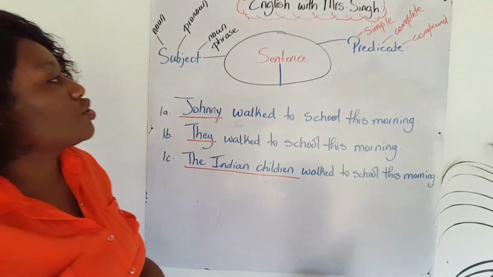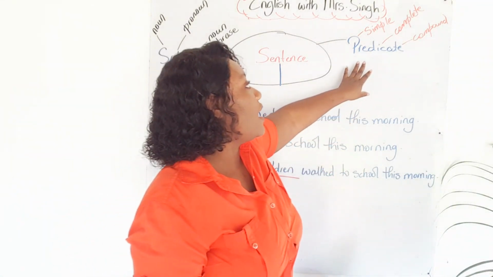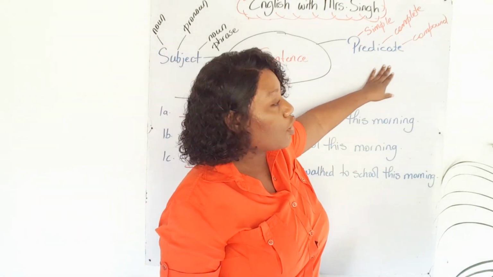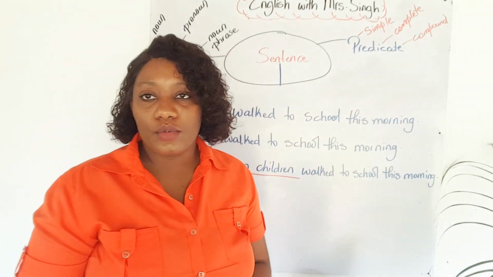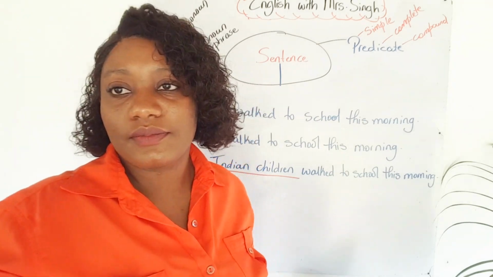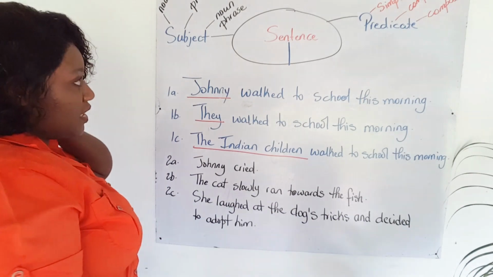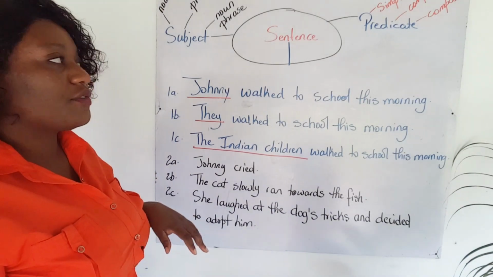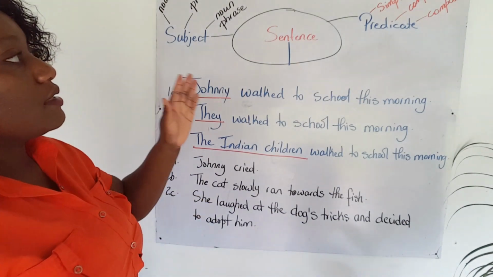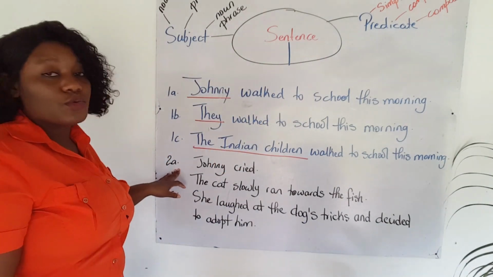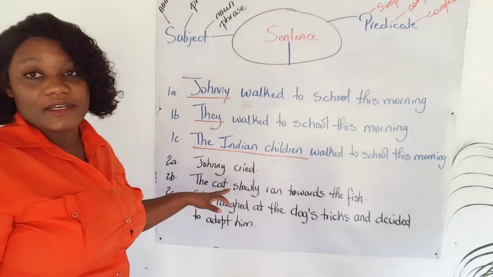Now we're going to be taking a look at our predicate, our simple, complete, and compound predicates. Let us now take a look at our different types of predicates. Simple, complete, compound. 2a, Johnny cried.